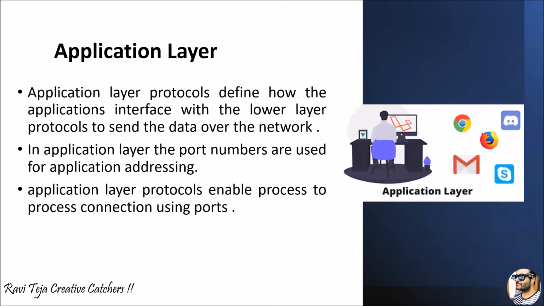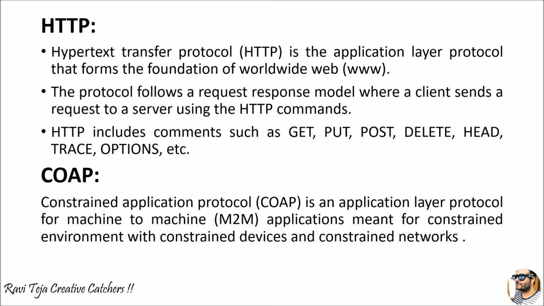There are some ports enabled between these two machines, such that through the port numbers, they are able to exchange their data. It can be a chat, an audio call, or a video call, anything, like a Zoom meeting. Now, in the application layer, we have several protocols or services.